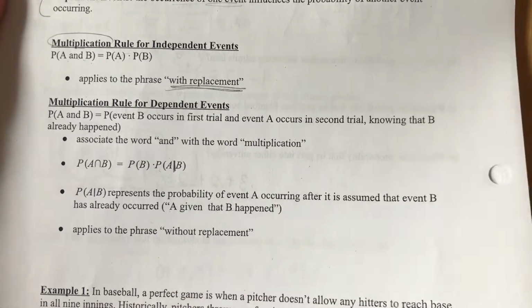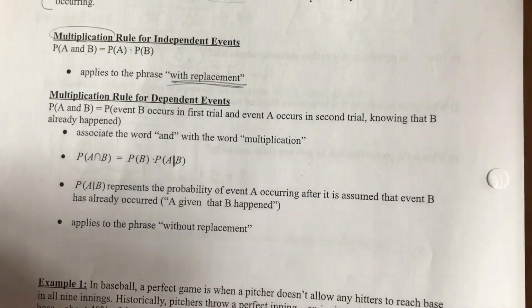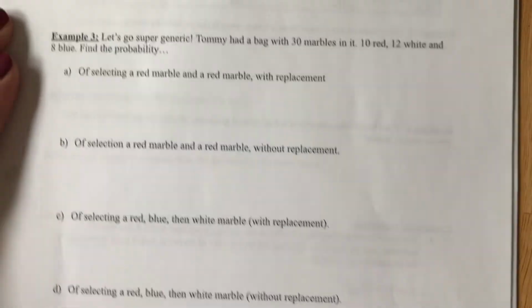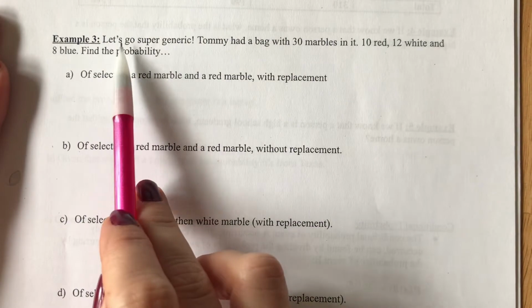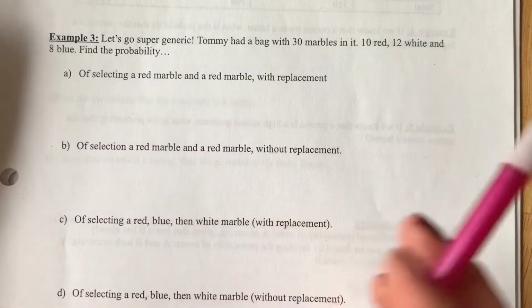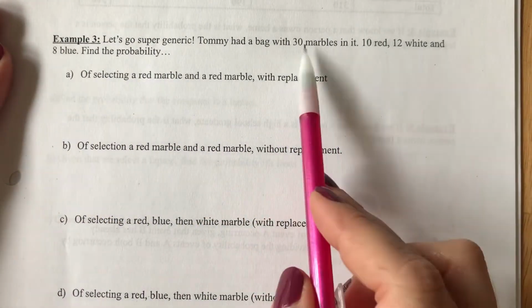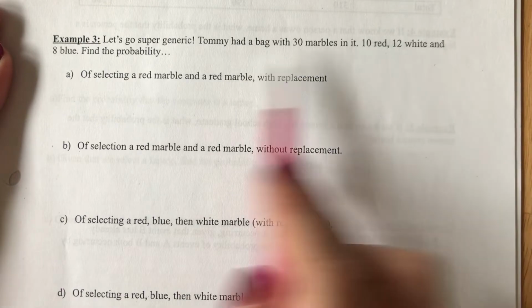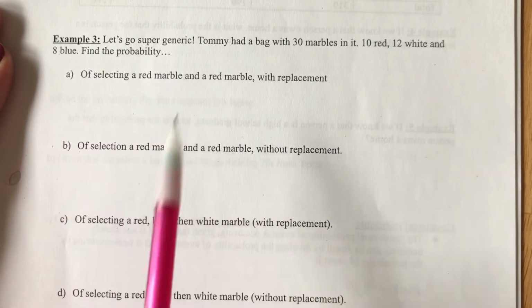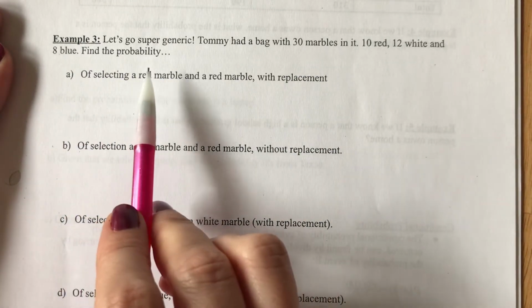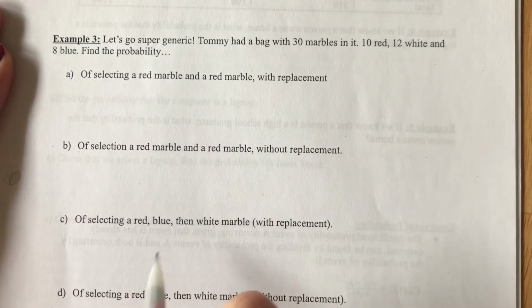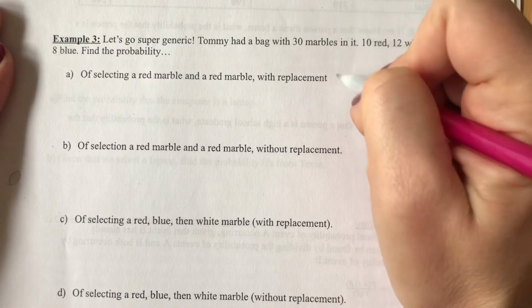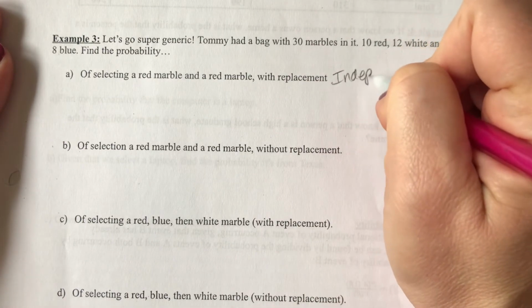Before we do examples 1 and 2, I want to do example 3. I'm going to go a little out of order. Let's start super generic with marbles, because you've been working on them forever. There are 30 marbles in the bag: 10 red, 12 white, 8 blue. We want to find the probability of selecting a red marble and then a red marble with replacement. With replacement means they're independent events.